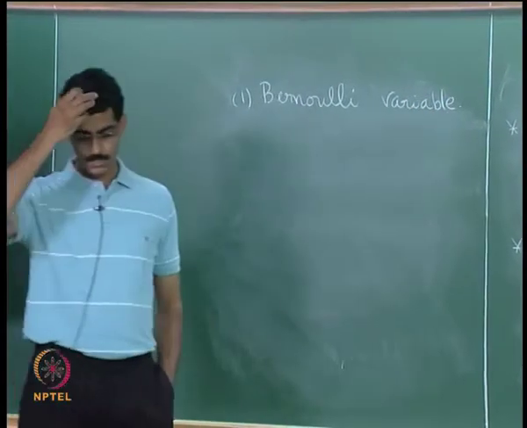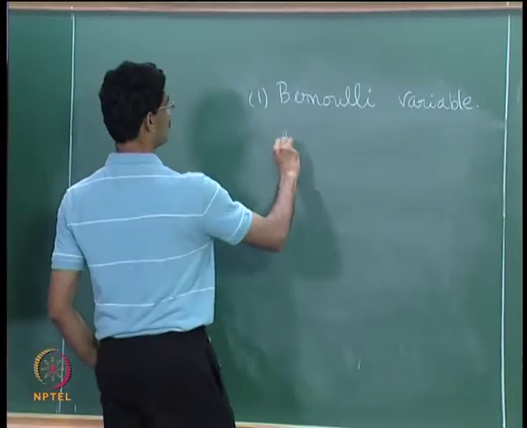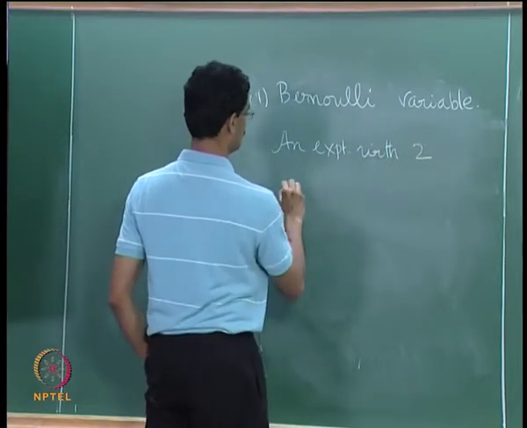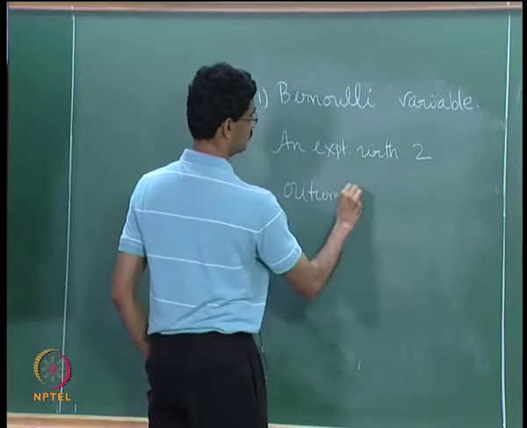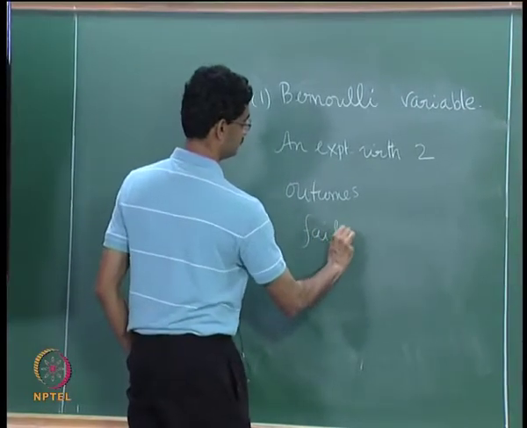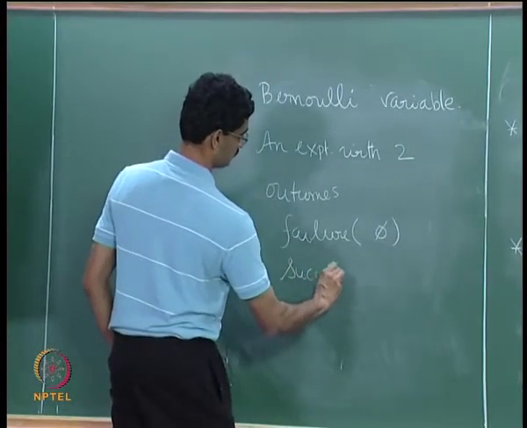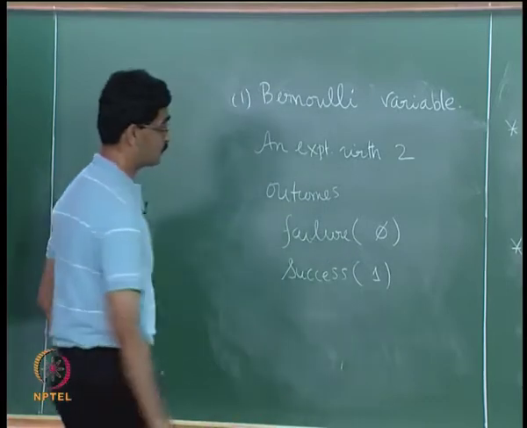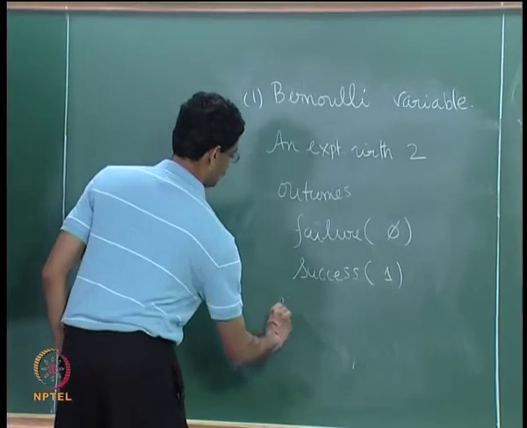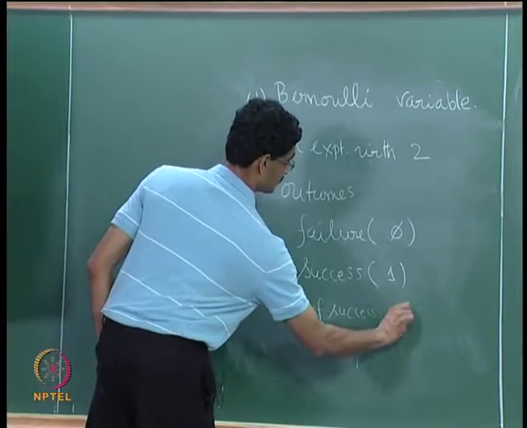In general this is any experiment which has two outcomes, which we will denote as failure, where the value is 0, or success, where the value is 1, and the probability of success is denoted as p.